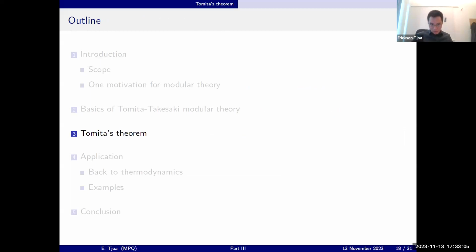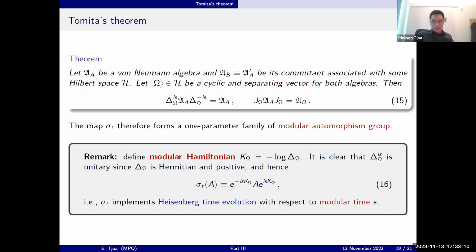Okay, and now I'm going to talk about Tomita's theorem. This is the most important result for today, and it's a bit of a mouthful, but the implications are a bit easier to understand. If I give you an algebra and its commutant, so think of Alice and Bob, and I give you a cyclic separating vector for both algebras, then Tomita's theorem, which made him famous, says that the modular evolution acting on the algebra is itself.